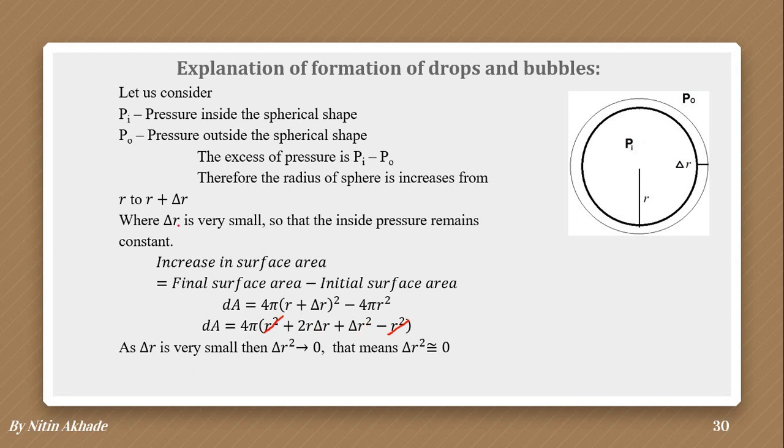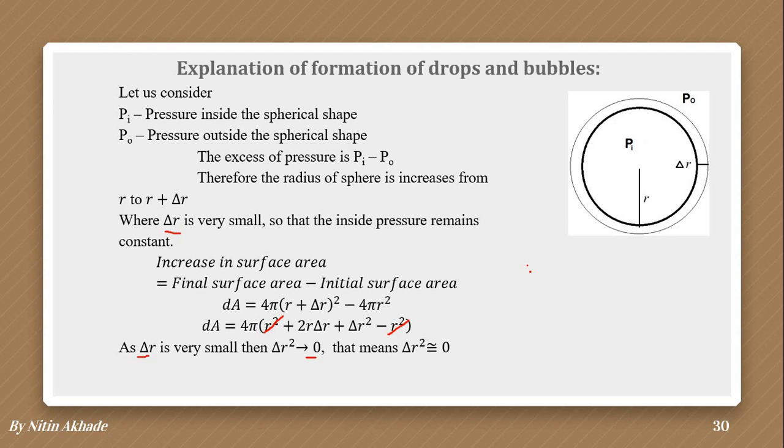As we have considered that delta r is very small, then delta r square tends to 0, not exactly equal to 0, but it tends to 0. Most students ask how this is possible.